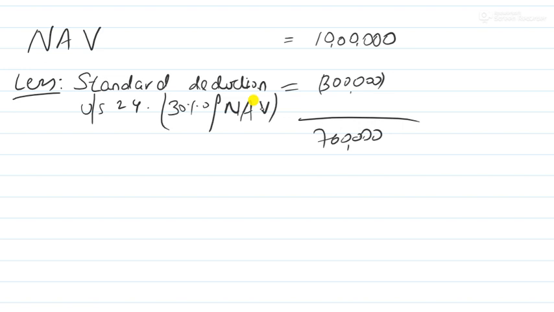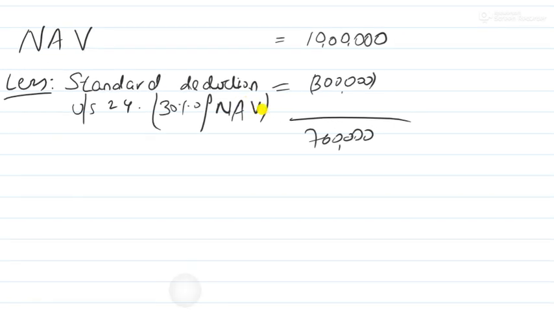So whatever expenses are given to you that the assessee has incurred for the house property, they will not be deductible. Acha, suppose even if the assessee does not incur any expenses, right?